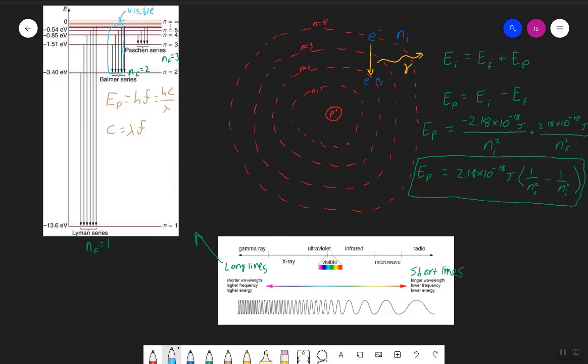Like the 5th one in the Balmer series, it looks like from n equals 7 to n equals 2 appears as though that one is still in the ultraviolet. But if we go from n equals 3 to n equals 2, n equals 4 to n equals 2, 5 to 2, or 6 to 2, those transitions all release a photon in the visible light spectrum.